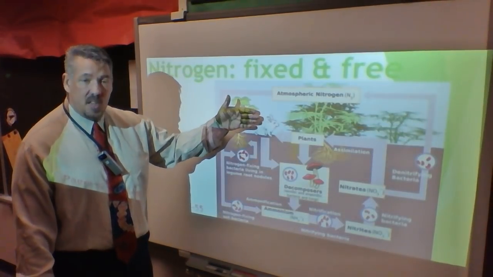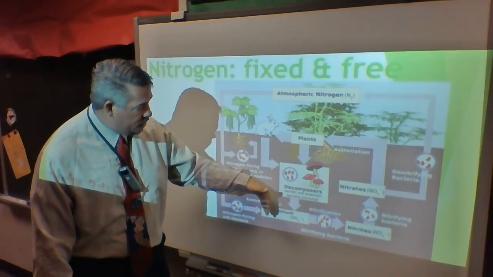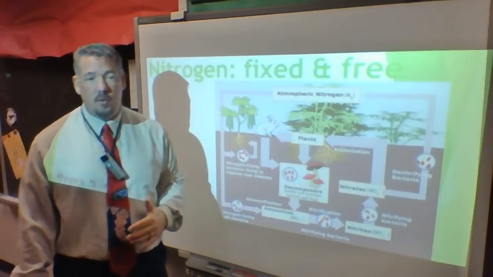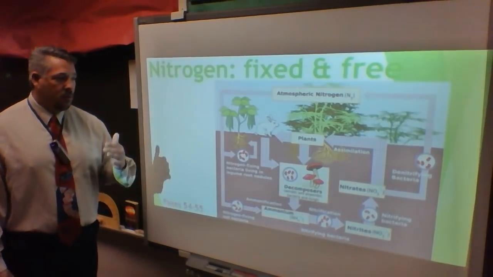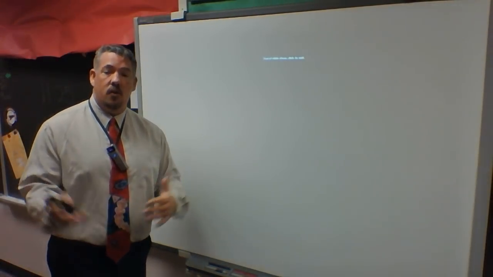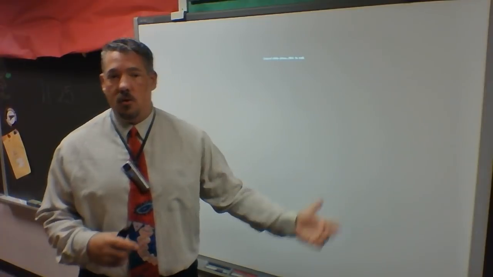When those organisms then die, they return their nutrients, including the nitrogen, into the soil, where the bacteria of the plants also add it back into the plant, and it continues to cycle around. No beginning, no middle, no end. A cycle is something that continues and is going on in all stages at all times.